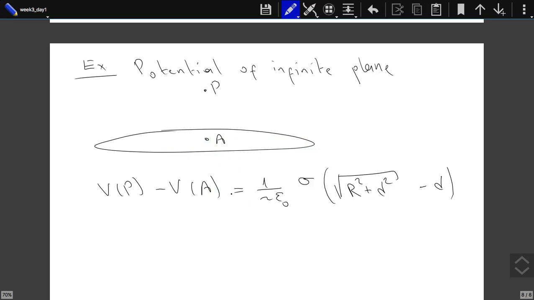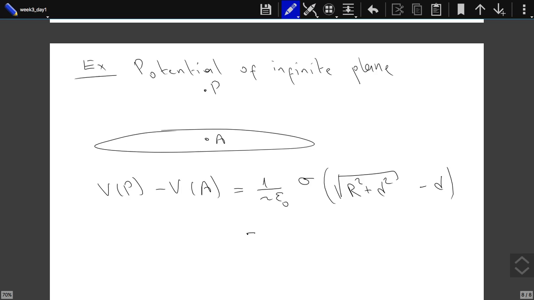This is the potential at the point P. Well, what is the potential at the point A? You see, this result we had obtained by taking the reference point at infinity. So with this result, the potential at the point A is non-zero.